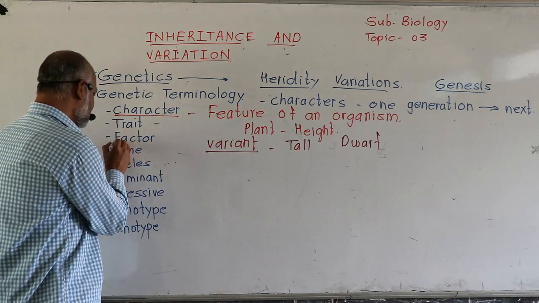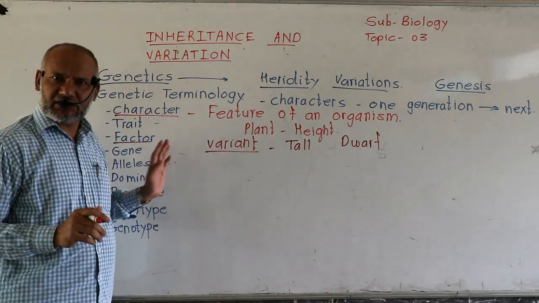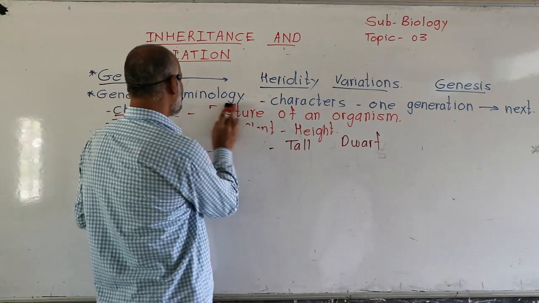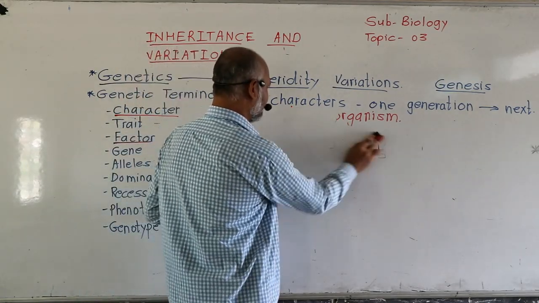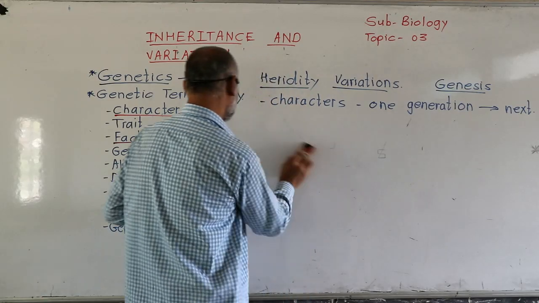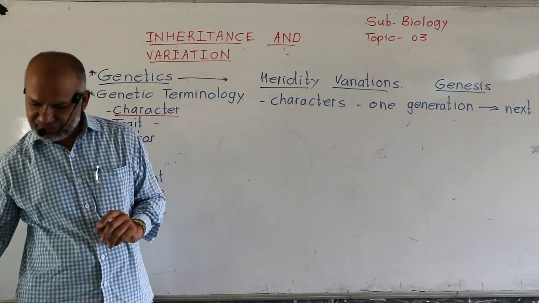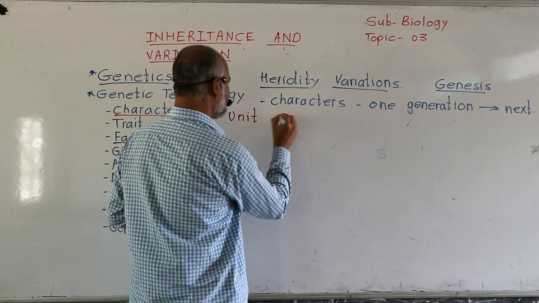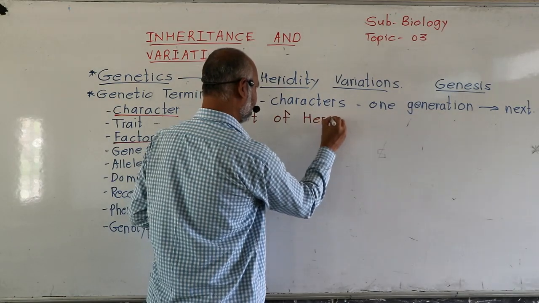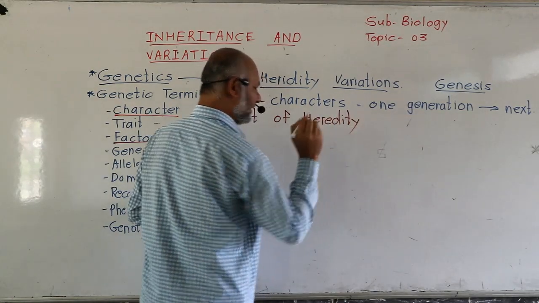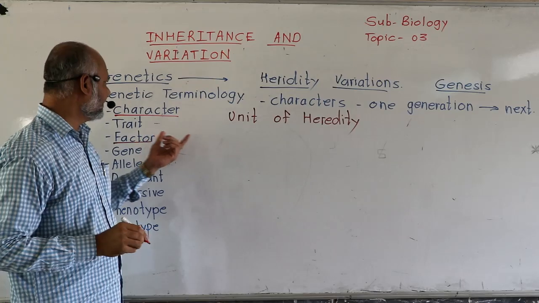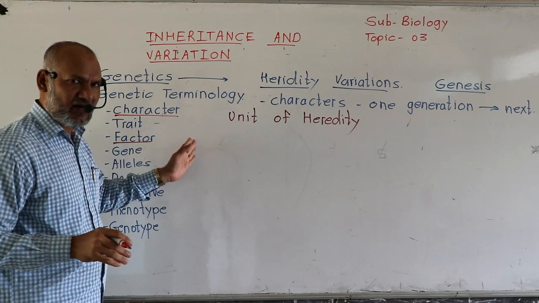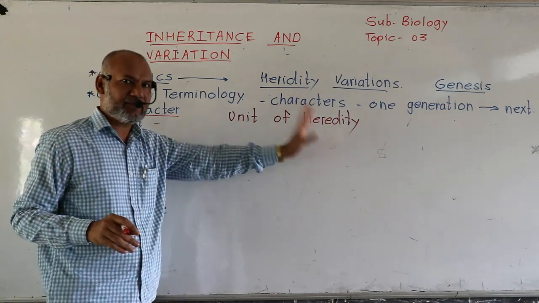Now, the next term is factor. This term, factor, was first used by Mendel while studying genetics in pea plant. Now, what is factor? Factor is the unit of heredity, and it is responsible for the transmission of characters from one generation to the next generation.